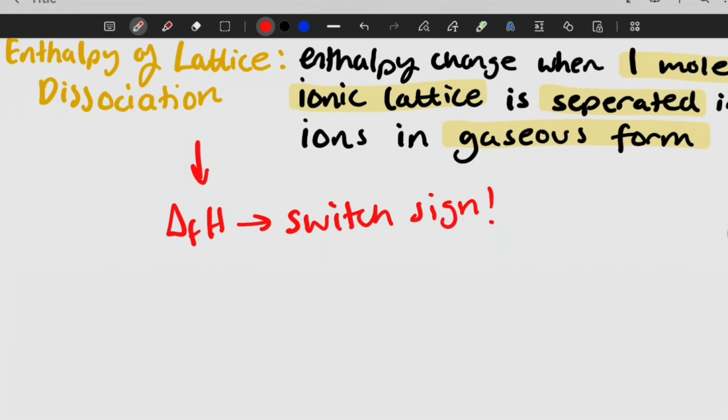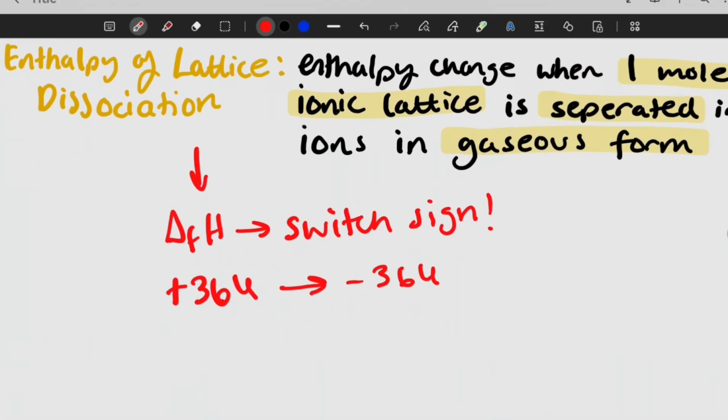So for example, if it's plus 364, then you make it minus 364, and then you add the total of the enthalpy of atomization, ionization energies, whatever, in their normal signs. You just switch the enthalpy of formation, okay, to calculate the enthalpy of lattice dissociation. And then you add everything else, and that's your answer, basically.